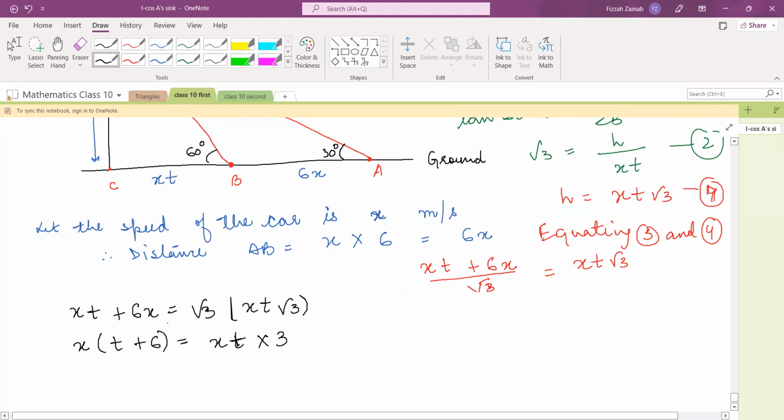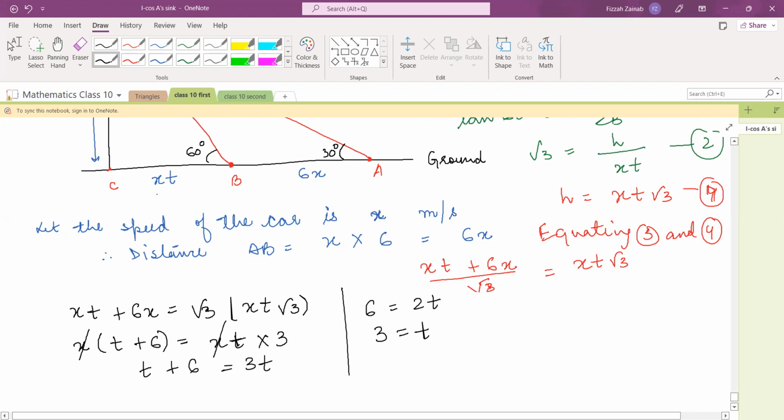Now I have X on both the sides, so X will be cancelled out. Clear? So I'm only left with T plus 6 is equal to 3T. So 6 is equal to 3T minus T, that means 2T, or 3 is equal to T. So my time T is equal to 3.